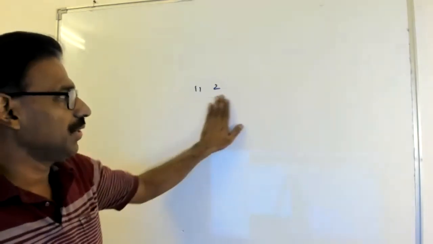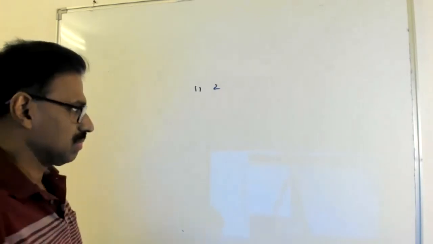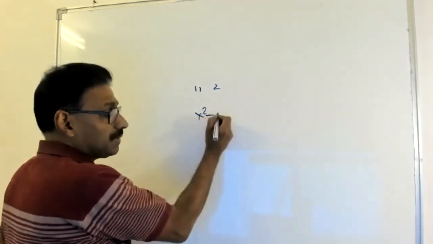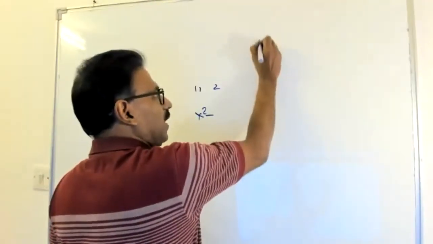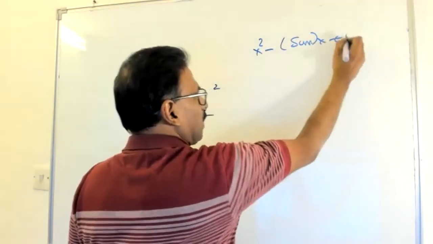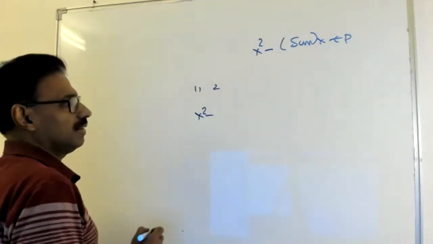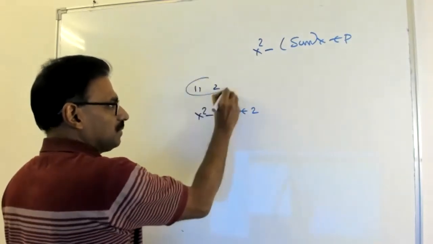Okay, 1 and 2. What is the polynomial? Sir, x square plus 3x plus 2. How? The form is what? x square minus sum into x plus product. Oh, sorry, sir. So x square minus 3x plus 2. That means both are positive.